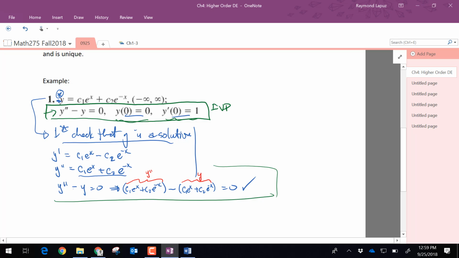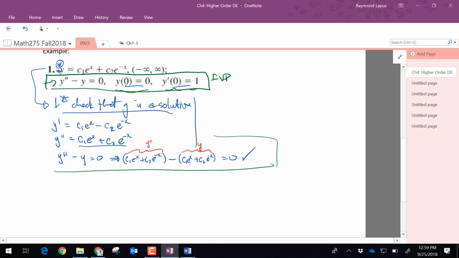Now let's actually find the solution. Let's actually use the initial conditions. There's two of them, right? So that's to solve for C1 and C2.